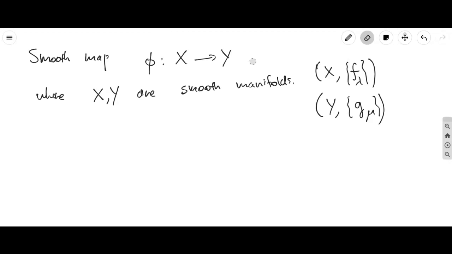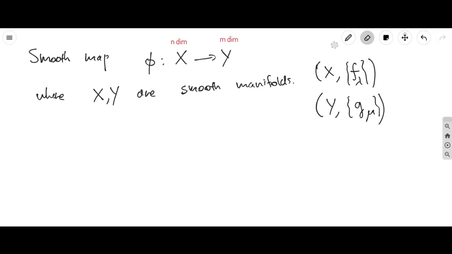And then here's the way we define what it means to be smooth. Well, we know what it means to be smooth in the ordinary calculus sense when you map everything back to Euclidean space. But it could happen, let's say, that x is an n-dimensional manifold and y is an m-dimensional manifold.